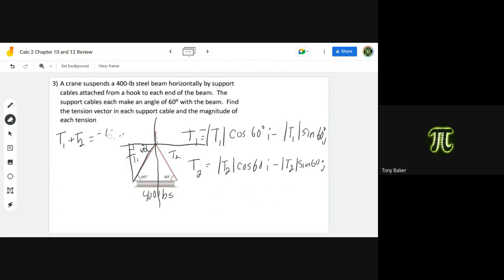Negative weight, which ends up being 400 pounds, the opposite direction. And since it's in the down position, that's 400 J.